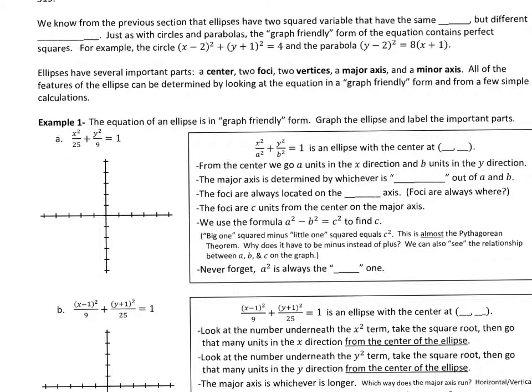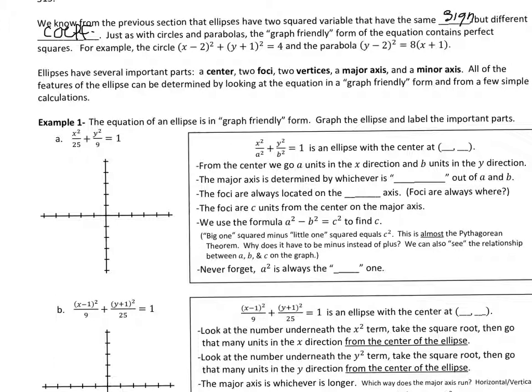All right, so now we know from the previous section that ellipses have two squared variables that have the same, what? Same sign, but different coefficients. Okay? And just like circles and parabolas, the graph-friendly form of the ellipse contains perfect squares.